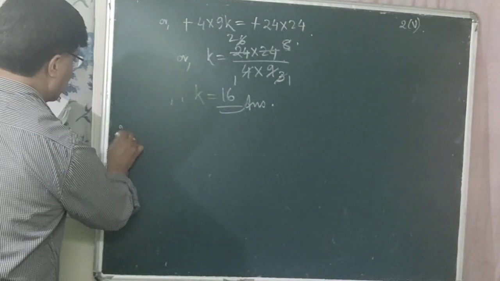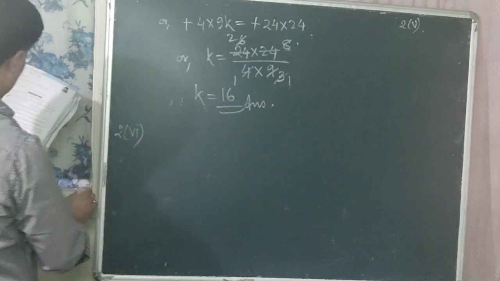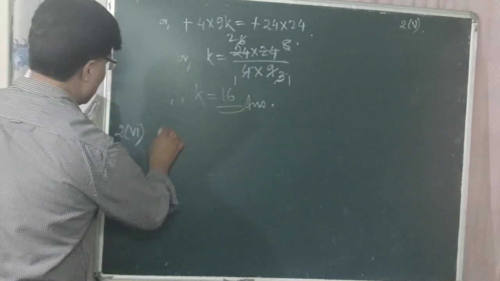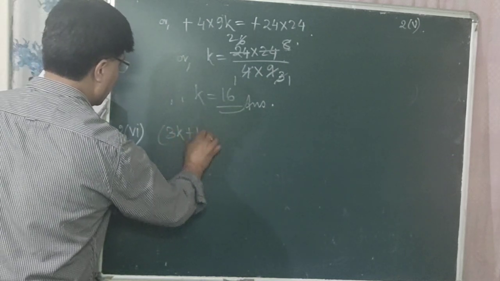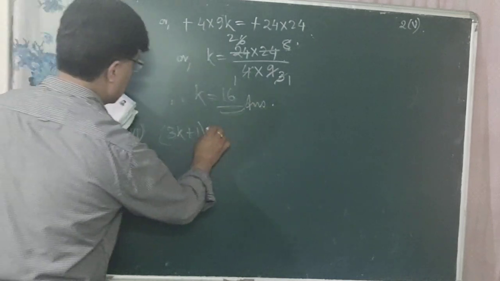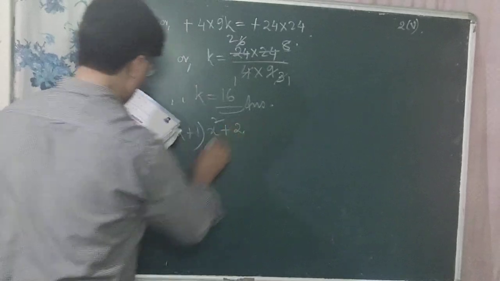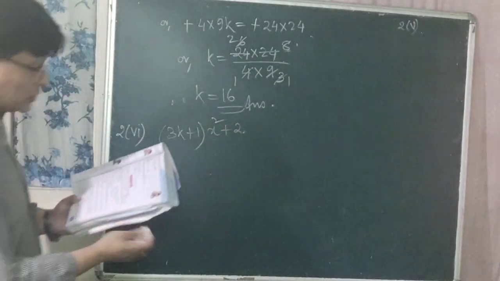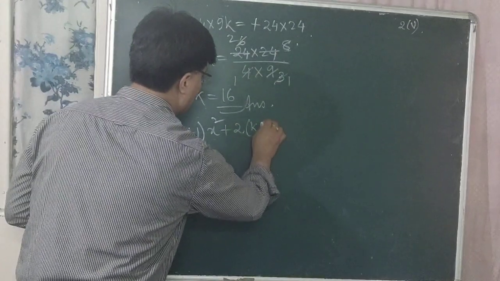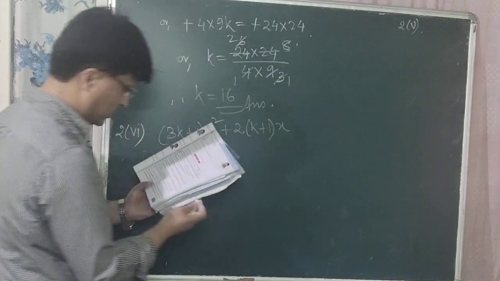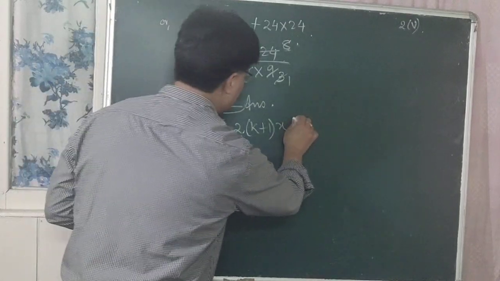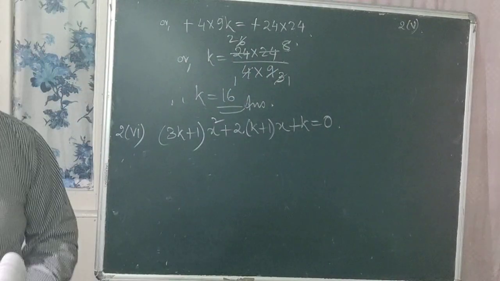So exercise 2 number 6. It is (3k plus 1)x square plus 2(k plus 1)x plus k is equal to 0.